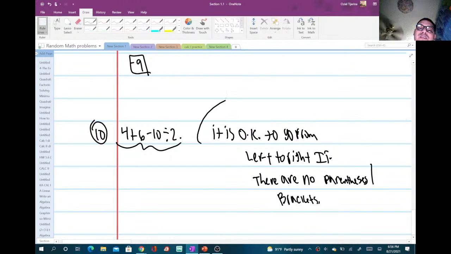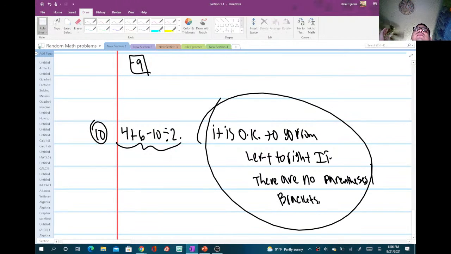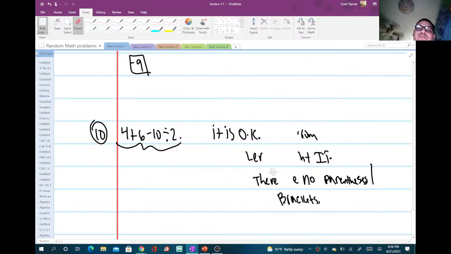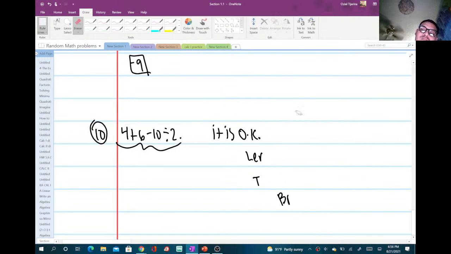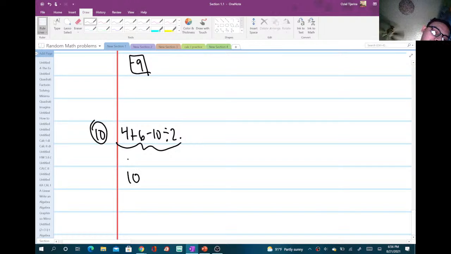I don't know if you guys can read this, but that is what it is. If there are no parentheses or brackets, you can literally just go from left to right. So then we have 4 plus 6, that's 10. And then minus 10 divided by 2.